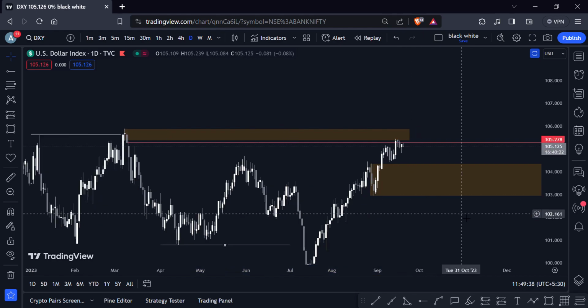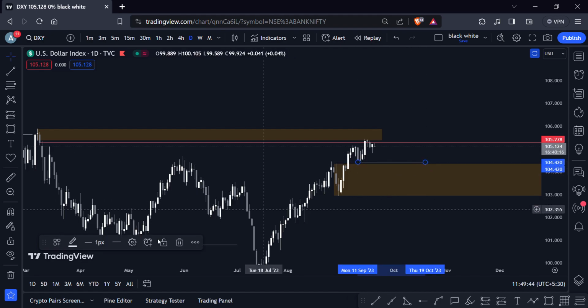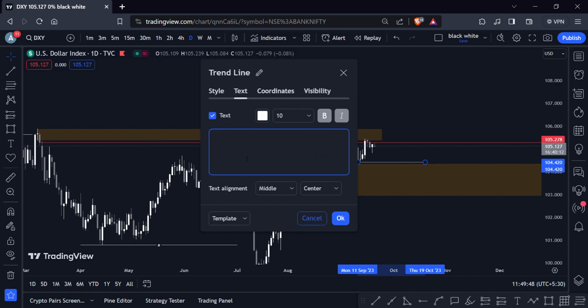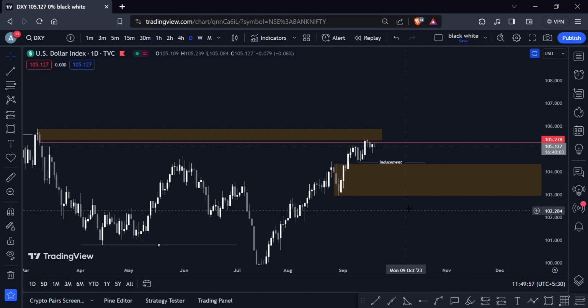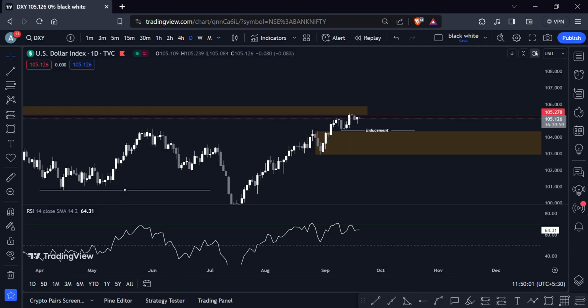So what are our targets? For us, it is a weak low. Okay, it is a weak low, and most probably it's going to be violated. We can tell it as an inducement for sellers, and we are going down in this scenario.